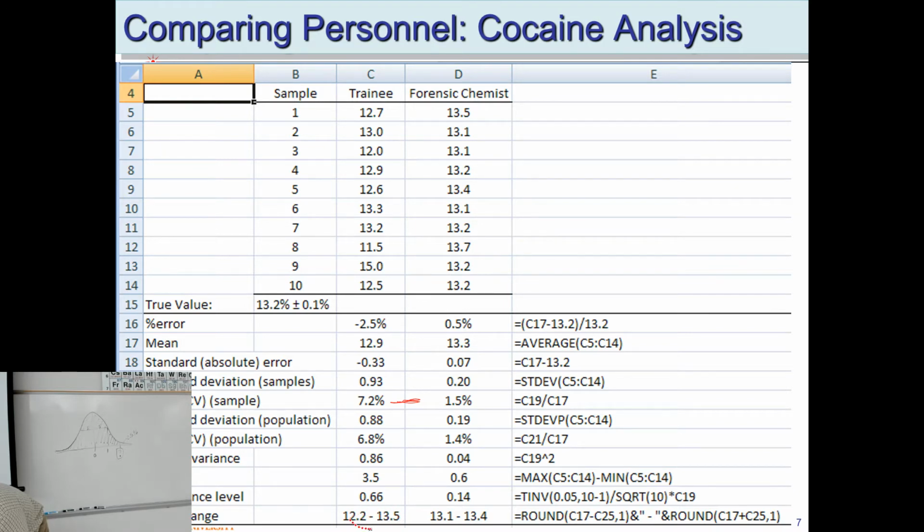And you can look at this confidence interval, and the trainee, if they did not know the true value, could still calculate it, because all they need is their mean and standard deviation. And they would say, I believe that the true value is between these two limits. And it is. It goes as low as 12.2 and as high as 13.5, and the true value was 13.2. So even though they're low by 2.5%, the precision is such that they still captured that true value.